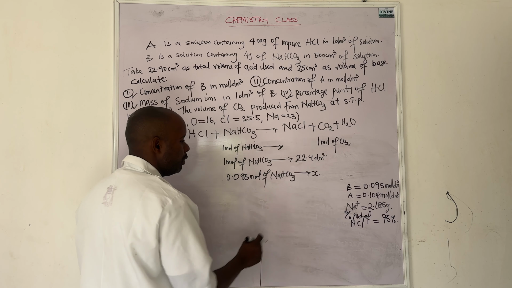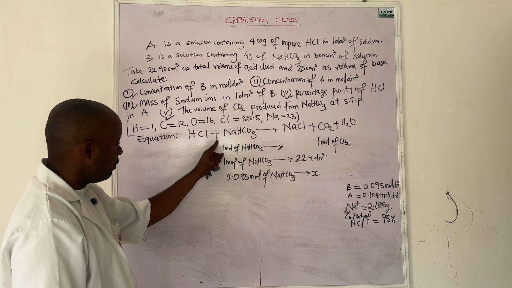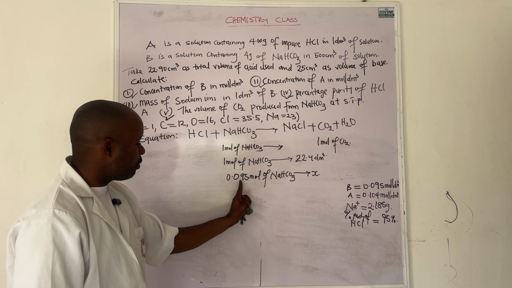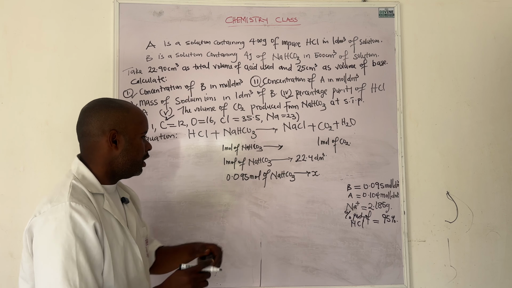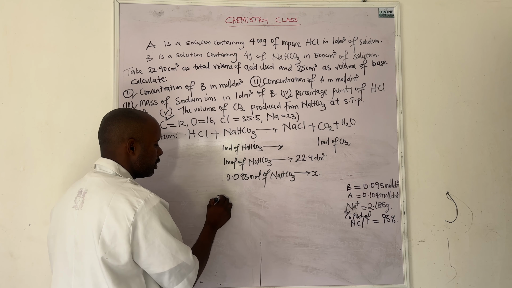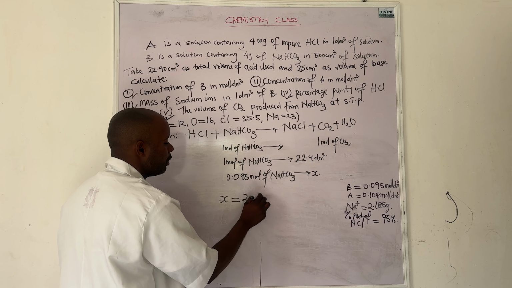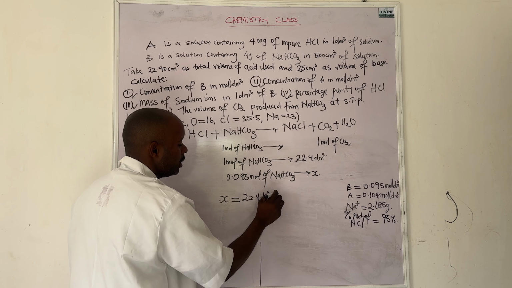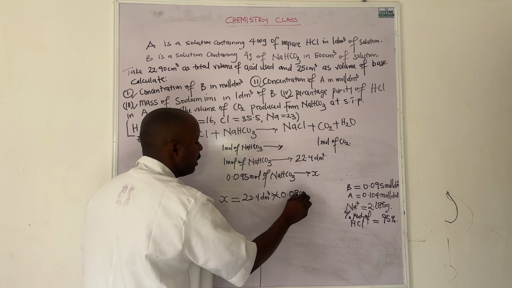Will give us S. We don't know, because if 1 mole in the reaction from the balanced equation gives 22.4 dm³, how much more is 0.095 mole of sodium hydrogen trioxocarbonate? We don't know. It's going to give us S. So if we make S the subject of the formula, we're going to say S times 1, that means invariably S is equal to 22.4 dm³ times 0.095.